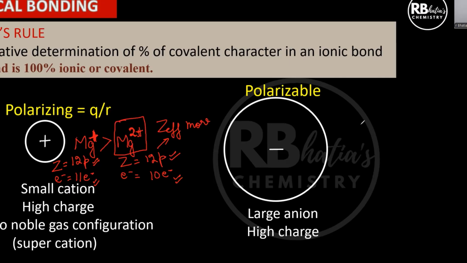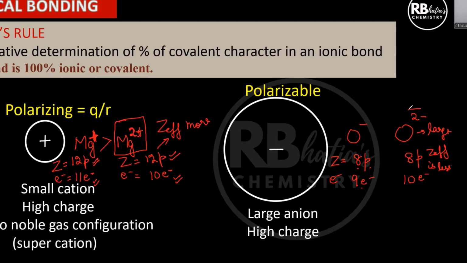Similarly, if I talk of O- and O2-, in this case, Z of oxygen is 8, meaning oxygen has 8 protons, but in O- there are 9 electrons and here there are 10 electrons. So 8 protons pulling 9 electrons or 8 protons pulling 10 electrons. So Z effective here is less, which means the size is large.